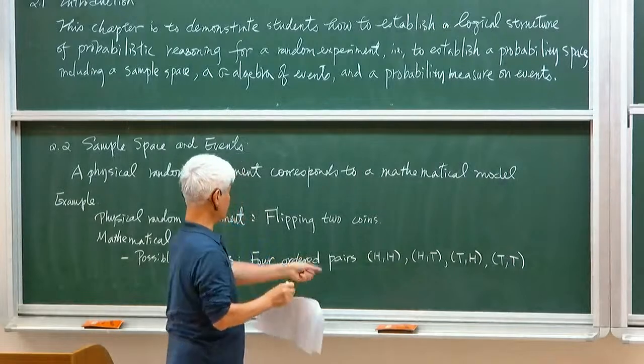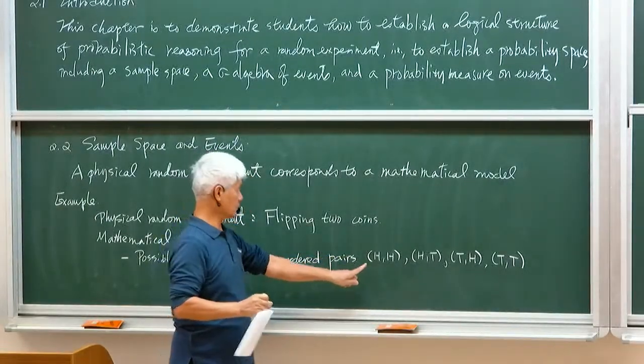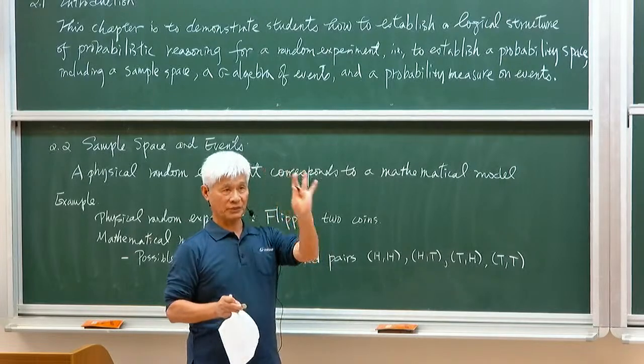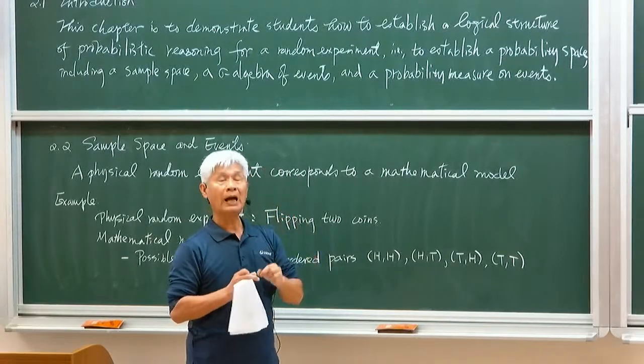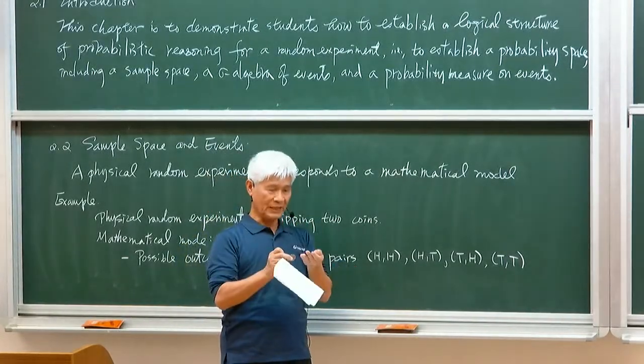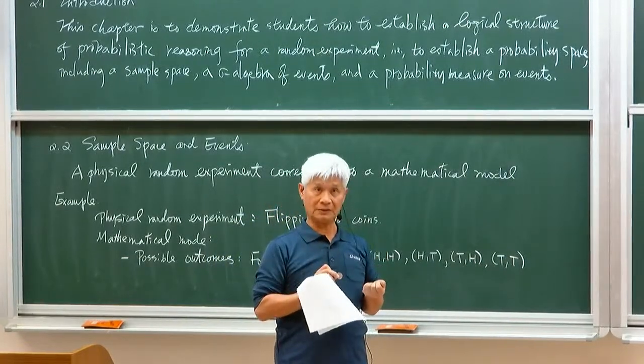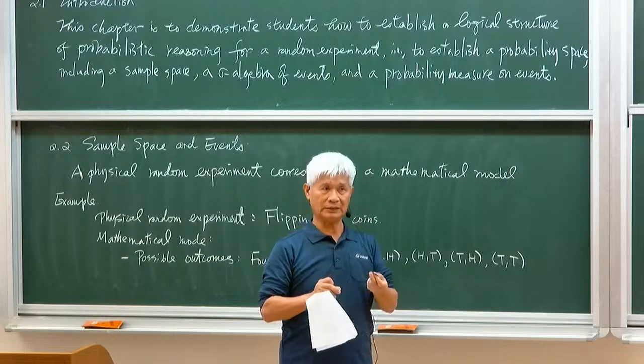And in this way, we assume we are able to distinguish these two coins. Because why? Because an ordered pair has a first place and a second place, which correspond to the first coin and the second coin. It's possible, right? For example, you can make some marks on the coins so that you can do so.